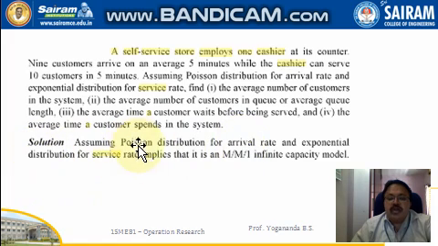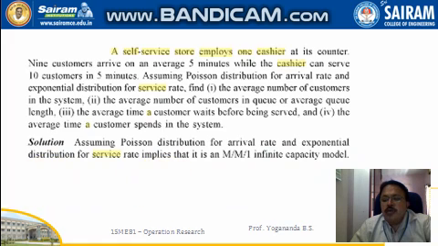And the average time a customer spends in the system, both waiting time as well as service time. Now, assuming Poisson's distribution for arrival rate and exponential distribution for service rate, these are the two distributions we are following.